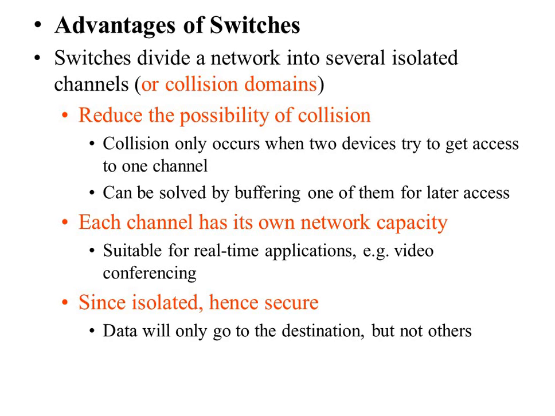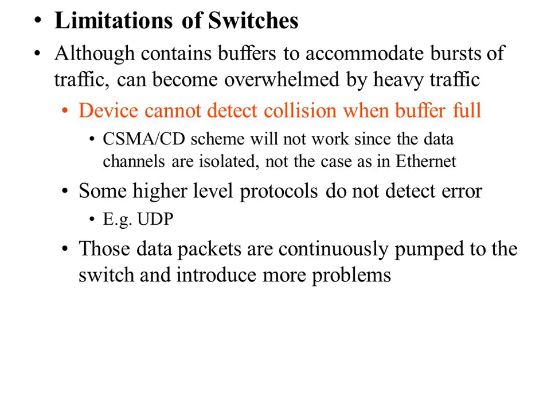That means collision gets reduced, the channel can be set to its own capacity, and it can be a secured one. Then there are certain limitations of the switches. What are those limitations? It cannot detect the collision if the buffer is full. As I said, switches are of the store and forward type. In that case, if the buffer is full, it will be very difficult to detect the collision.